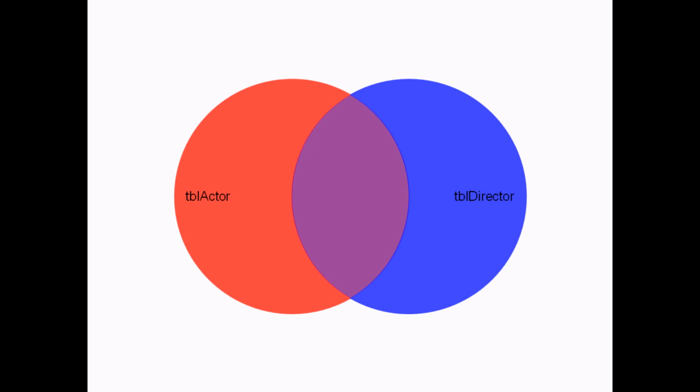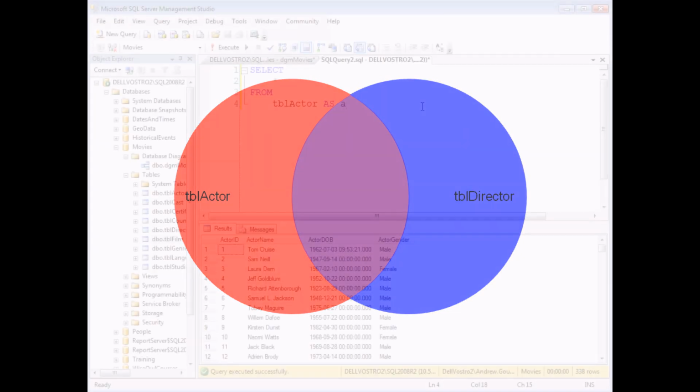I might also be interested in just the actors, so the people who have only ever been an actor and not a director, so in this case that would be the left outer join. And then one final type of join that we haven't seen yet, I could also see all the directors who have never been actors, and that would be the right outer join. So let's quickly create all those 3 examples.